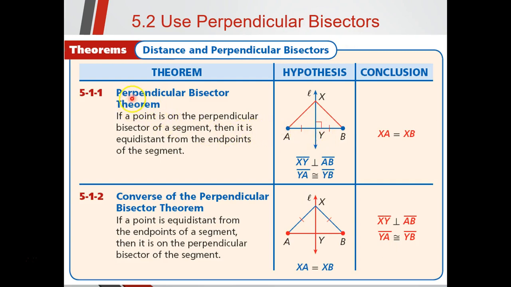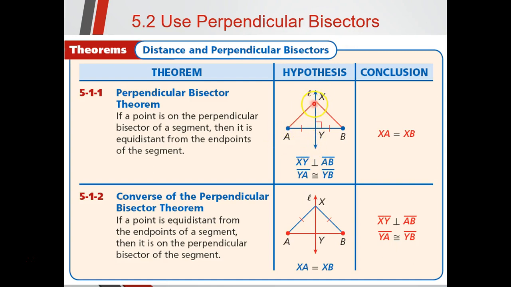Okay, so let's look at these theorems that we have here now. It says perpendicular bisector theorem. If a point is on the perpendicular bisector of a segment, then it is equidistant from the endpoints of the segment. So it's talking about this point right here, point X, being on the perpendicular bisector.